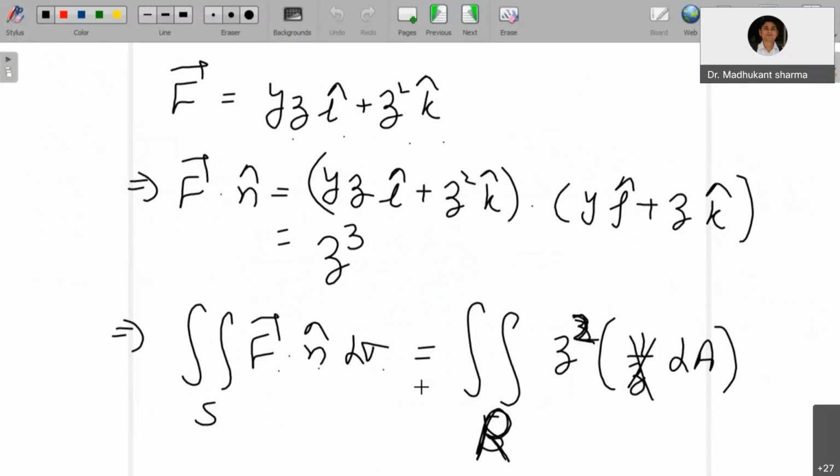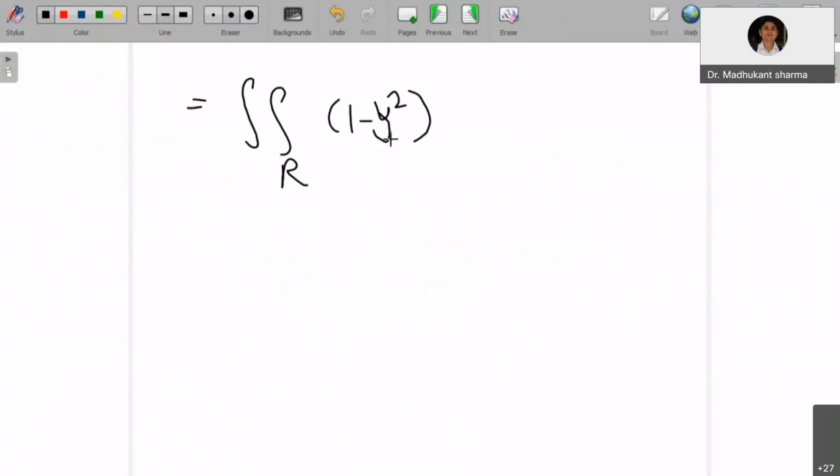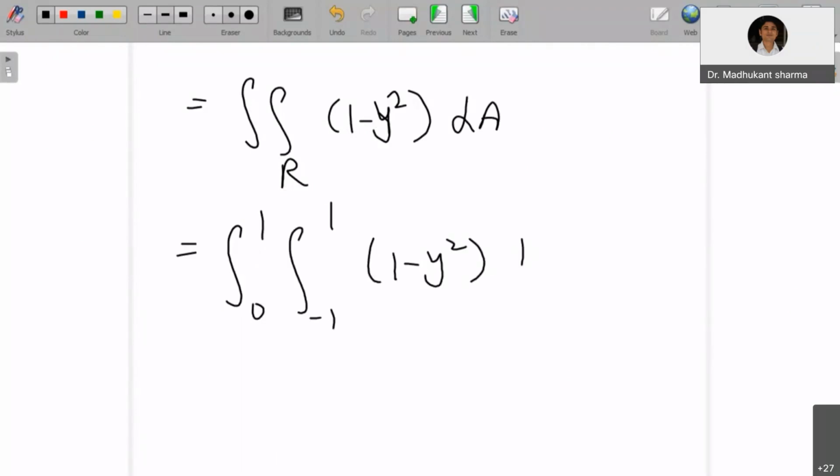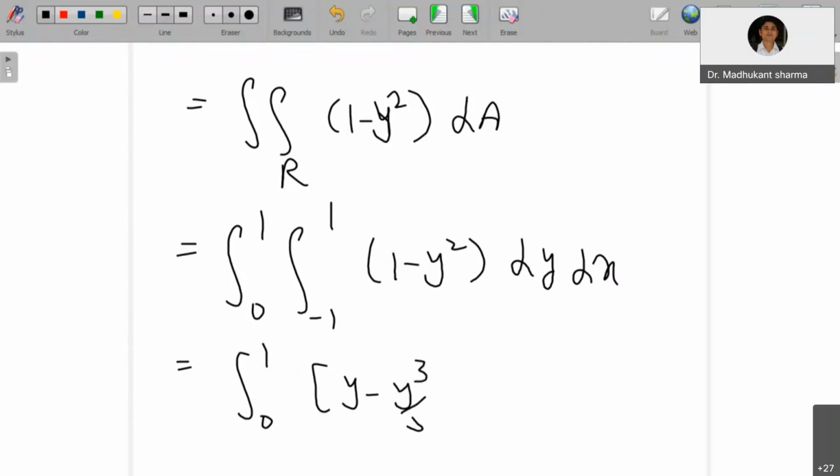So this is equal to the integral over R of (1 minus y²) dA. Now integration from 0 to 1 and −1 to 1 of (1 minus y²) dy dx. Now you can simply integrate this. It is an even function of y. So y minus y³ by 3 from −1 to 1, dx.